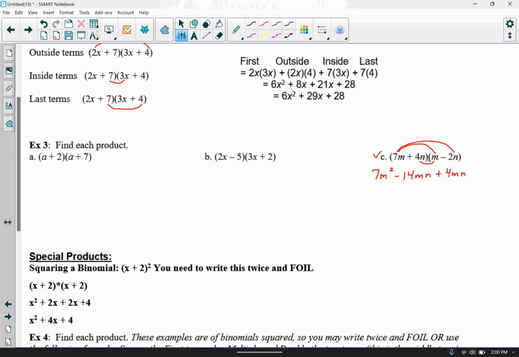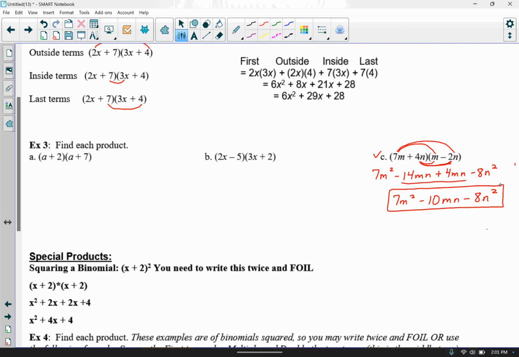I personally usually write in alphabetical order, but it doesn't matter. And then last, 4 times negative 2 gives me a negative 8, n times n squared. Lastly, combine like terms, so these mn's in the center can be combined, so 7m squared minus 10mn minus 8n squared. Final answer.